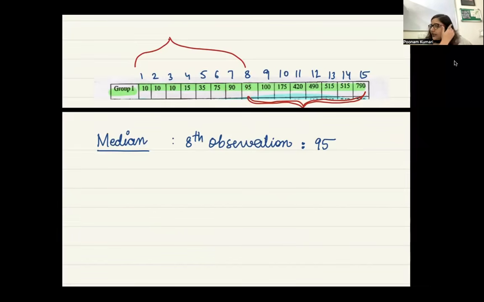So how do we find the median here? What will be the lower fourth here? So how do you find it? Mean of 4th and 5th observation. So mean of fourth and fifth observation, what is that? 15 plus 35 divided by 2. 25. Right? So that will be 25.